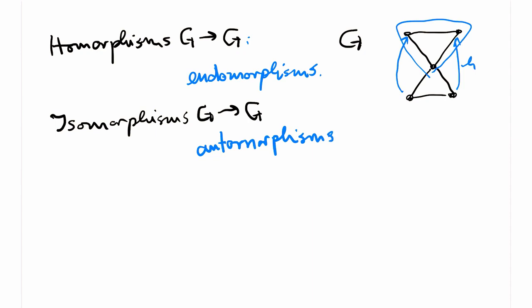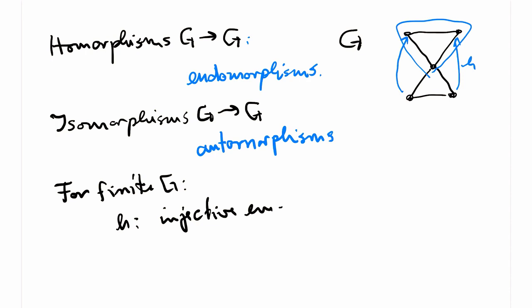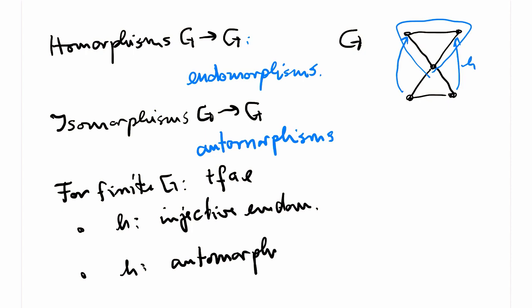If our digraph G is finite, and here it's really important that G is finite, the following are equivalent: H is an injective endomorphism, and H is an automorphism. It's an easy exercise.